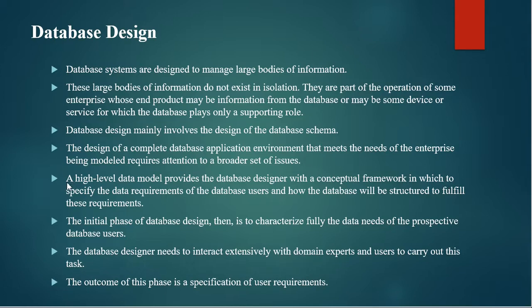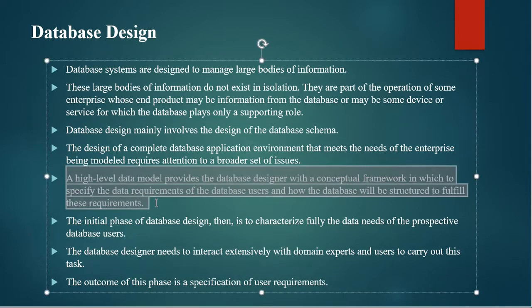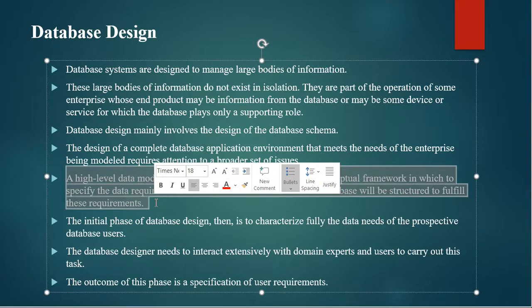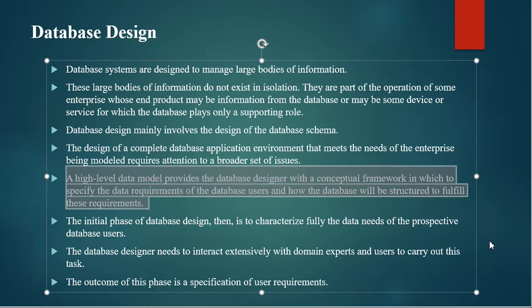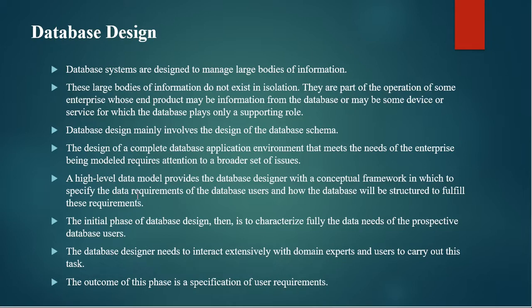Similarly here also those steps will be considered: what type of data is expected to be stored in the database, how we can store that data, and in what format. Suppose in a company you can give reference IDs or employee IDs. So are we giving employee ID or reference ID? Those things will be specified at this level.